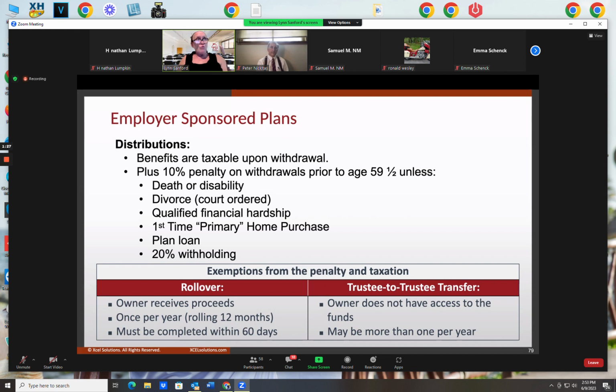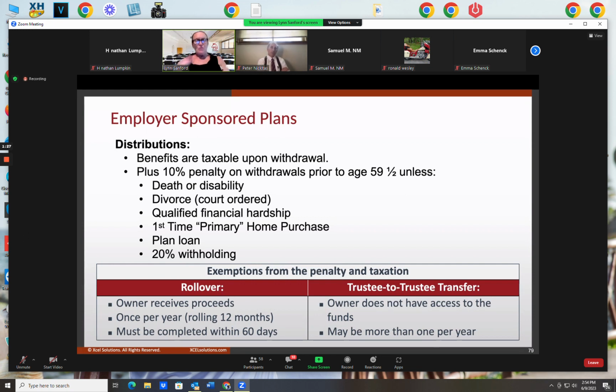A rollover means I send for the money and I receive the check. And I only have 60 days to roll it over and get it deposited into that traditional IRA account wherever I send it. And I can only do one rollover per year. See, if I do it the better way, the cleaner way, the neater way, instruct the plan administrator to make the check out to the plan or institution or financial institution or dealer for benefit of me, and drop it in my account.